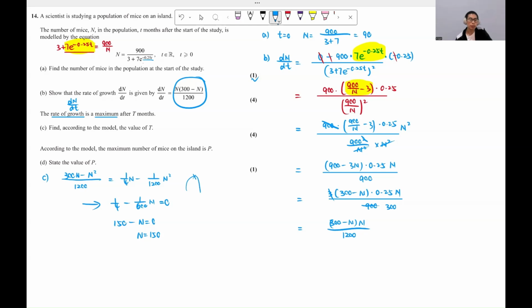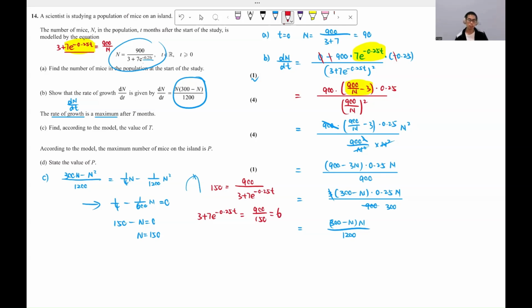Okay, now we know the n value. So to work out the t value, we just have to solve that. So we let n equal to 150 and solve the equation. So 150 equal to 900 over 3 plus 7 e to the power negative 0.25t. So then 3 plus 7 e to the power negative 0.25t is equal to 900 over 150. That should give us just 6.